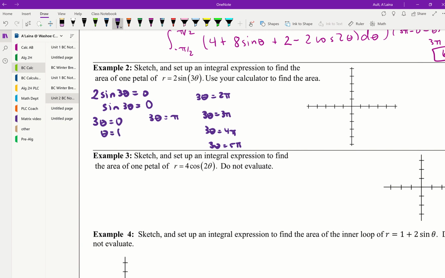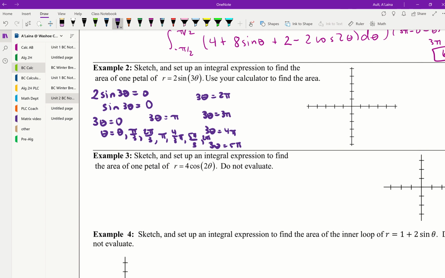If I divide each of these by 3: at 0, at pi over 3, at 2 pi over 3, at pi, at 4 pi over 3, 5 pi over 3. And I guess if I went back around all the way to the end, that would be at 6 pi over 3, which is 2 pi.